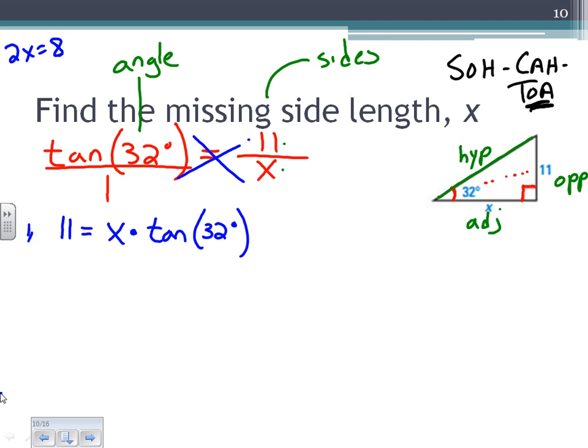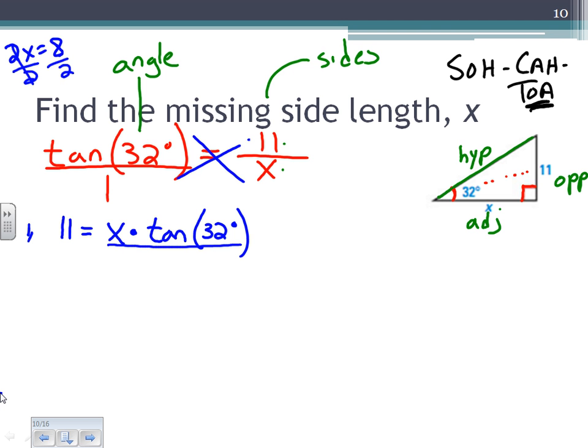Divide both sides by 2, because then they cancel, right? In this situation, if I want to find x by itself, what do I have to divide by? I want to get x by itself, so the other two have to cancel. What do I have to divide by?